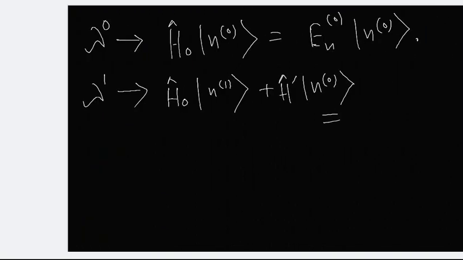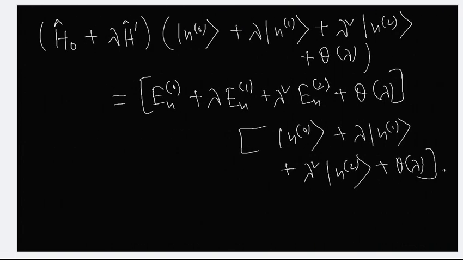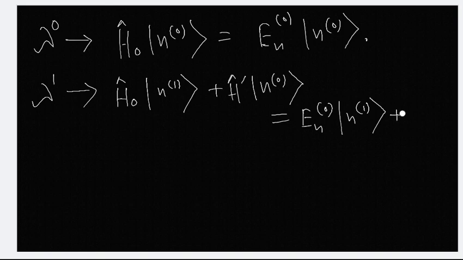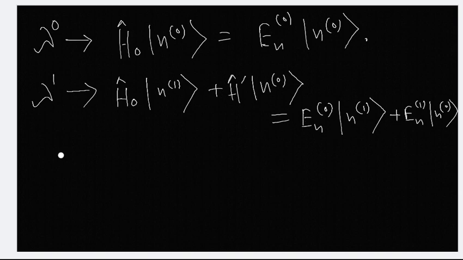So you have E n naught over n1, then E n1 over n naught, nothing else, right? So these two terms only.